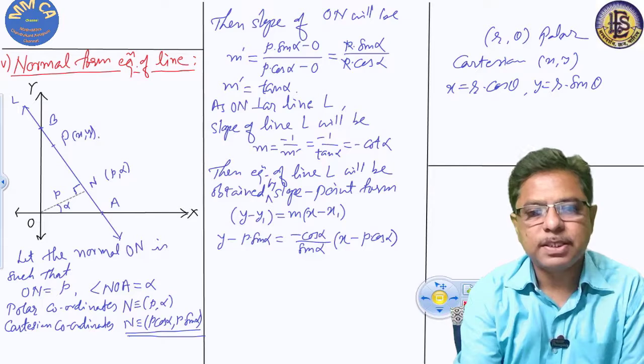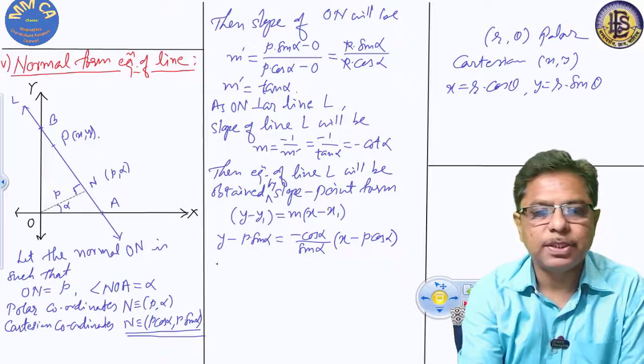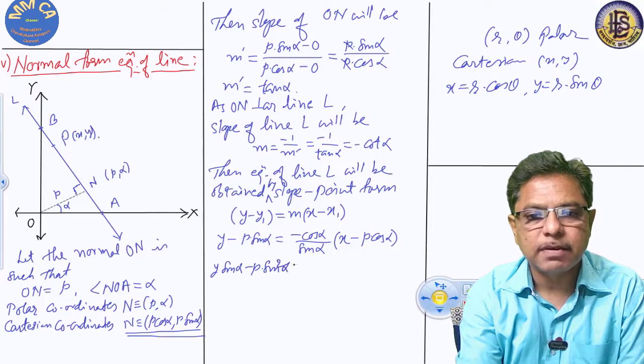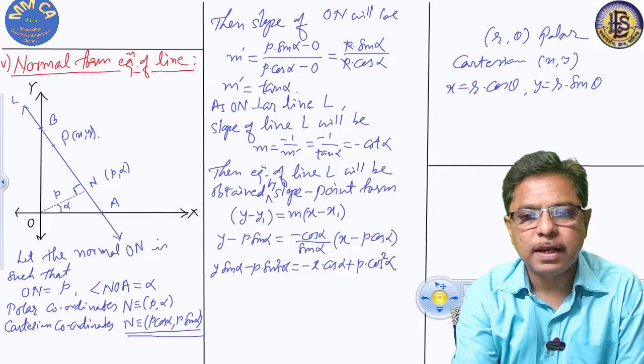Now transfer this denominator on the other side, sin alpha on left hand side, and multiply by this minus cos alpha inside the bracket. So it is y into sin alpha minus p into sin alpha into sin alpha, this will be sin square alpha, is equal to minus x into cos alpha, and now it will become minus minus plus p into cos alpha into cos alpha, this is cos square alpha.